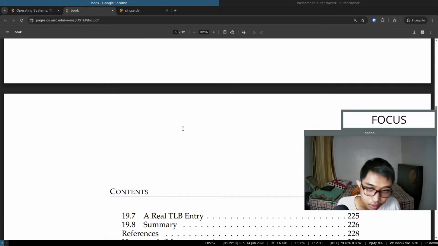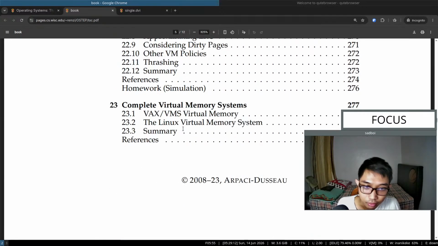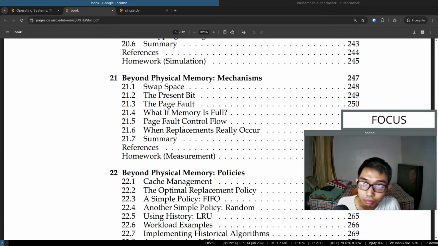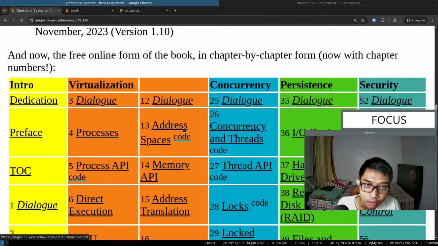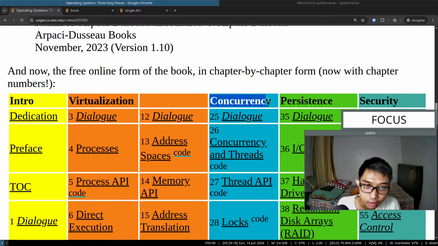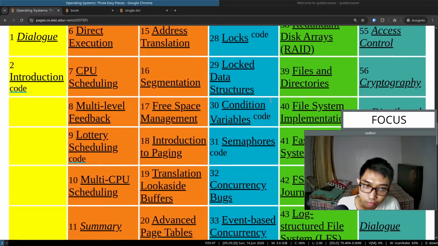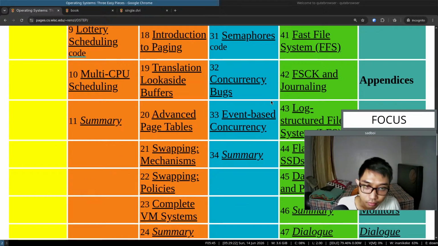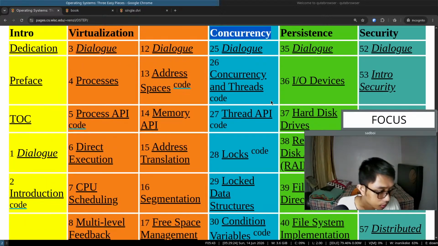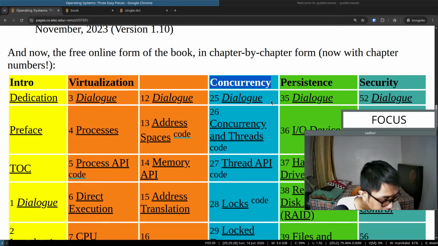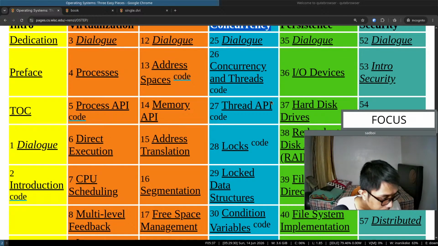So yeah, I haven't gotten into the semaphore. I assume it is from the concurrency. Maybe something like that. But good luck to you, Takur.